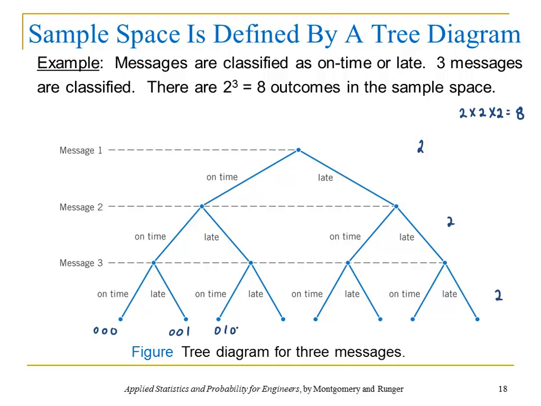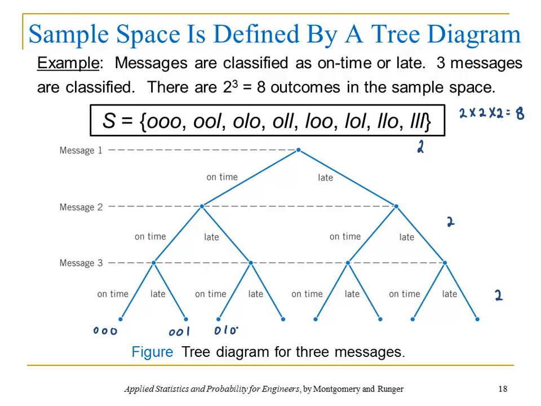So you can look at the number of times that you have more than 1 late message, and then compute that probability and see if your system is performing as expected. If not, then you're going to have to make some revisions and improvements. Okay? So again, here's the sample space, and we have 8 elements, and they're listed at the bottom, so you can list them here for the set.